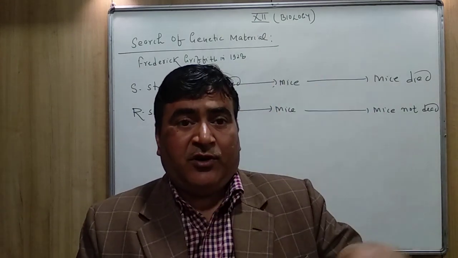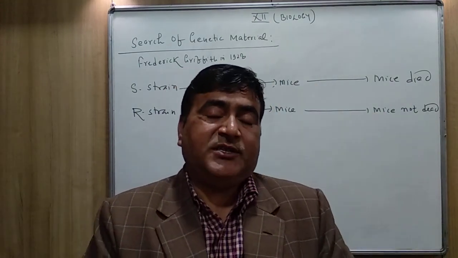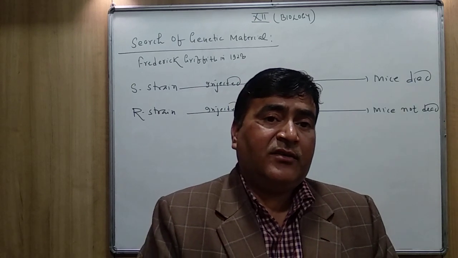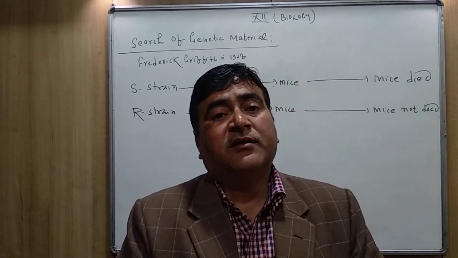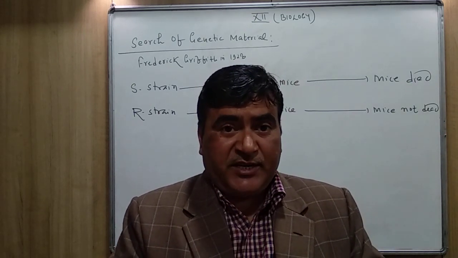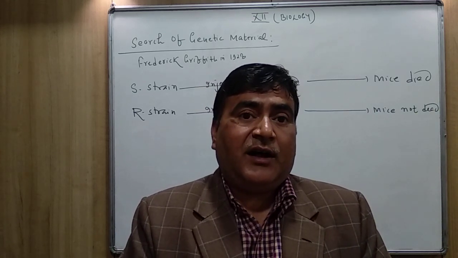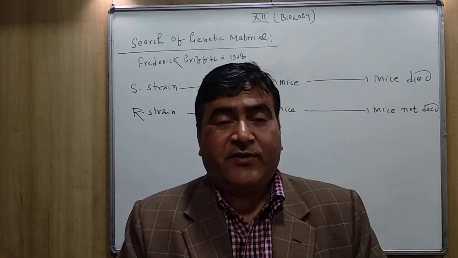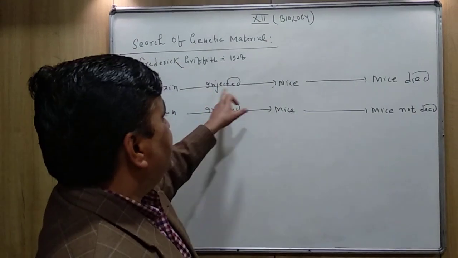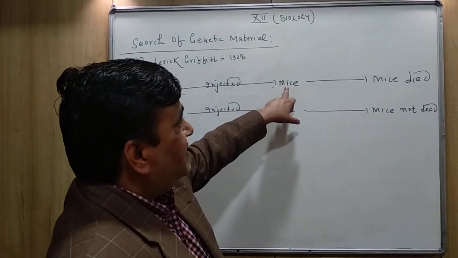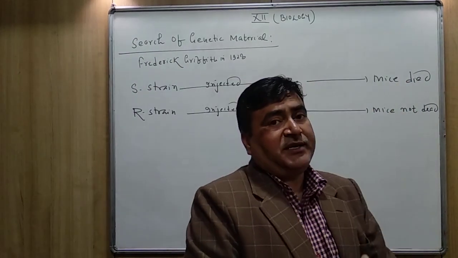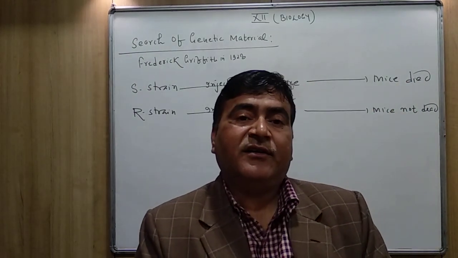Because of the capsule, because of the mucopolysaccharide layer on the bacterium, it shows pathogenic nature. It is virulent, and this virulent strain can cause disease in the mice, and that's why the mice become dead.